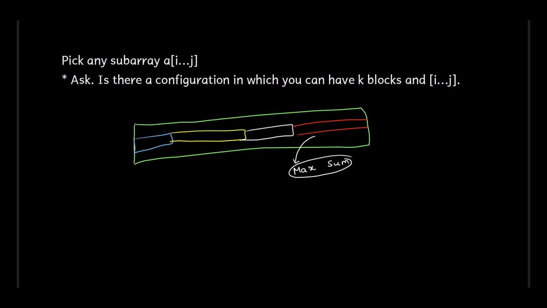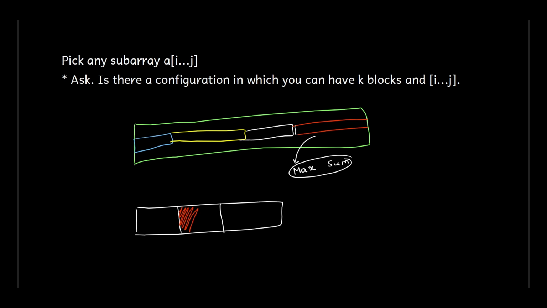Now one thing that you do know is that this will be one of the subarrays. Now what if I try to play dumb and say that if this subarray can get its own block, if the feasibility constraint is satisfied?